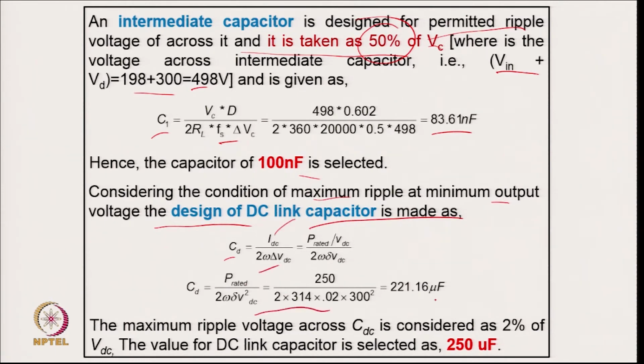Putting the values, we get 221.16 microfarad, and the maximum ripple voltage across CDC is considered 2%. So we select the value of this DC link capacitor a little higher than this value. It comes to 250 microfarad.